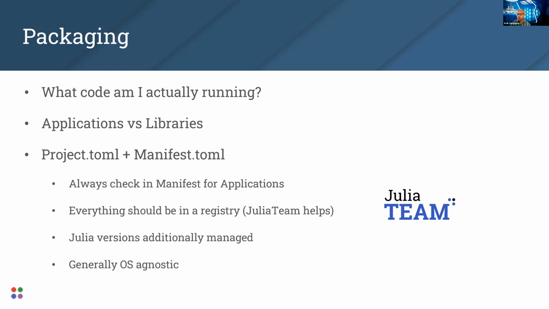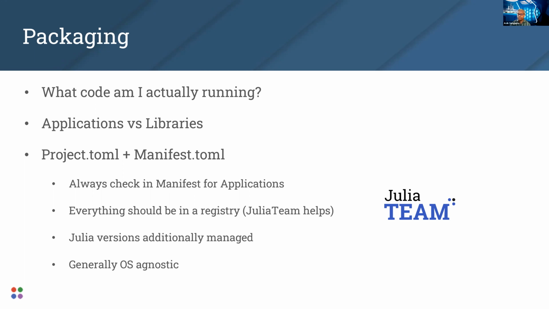The manifest.toml is generated from the project.toml, and it contains a snapshot of your entire environment. So while project.toml contains only your top level dependencies, and it can contain maybe version bounds, the manifest.toml contains exact versions of every dependency right down to your dependency leaves.